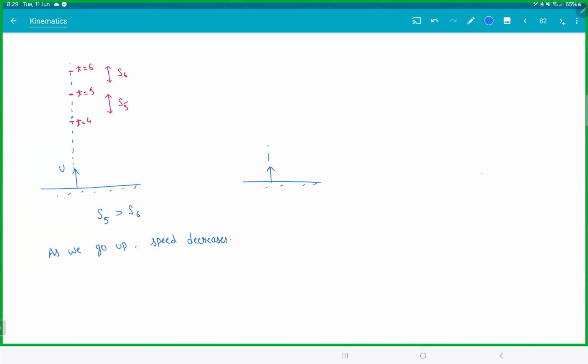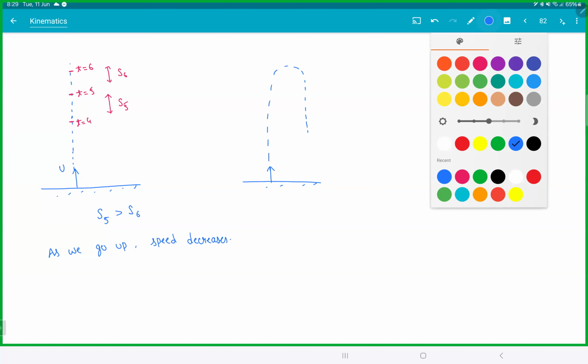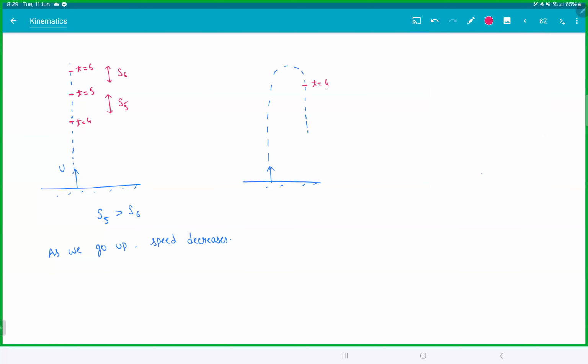Suppose the second situation: it has gone up and is coming down. Let's say this is t equals 4, this is t equals 5, and this is t equals 6. So this is S5 and this is S6. Now who will be bigger? S6 will be greater than S5, since it is coming down and the speed is increasing. Means they can't be equal if you're going up, and they can't be equal if you're coming down.